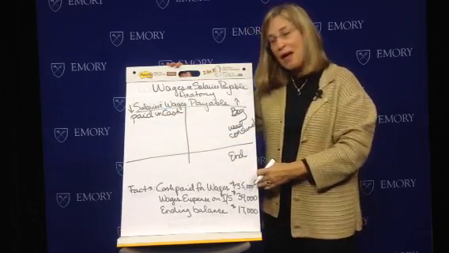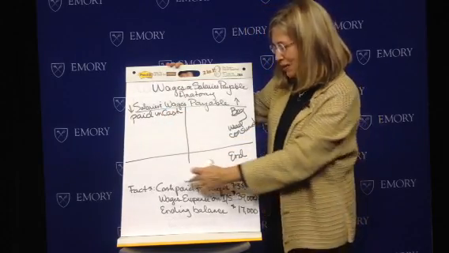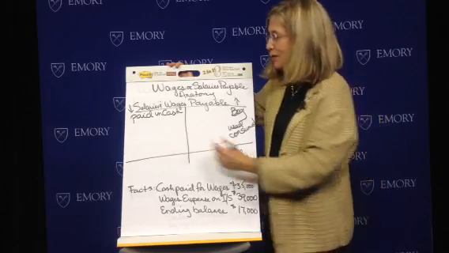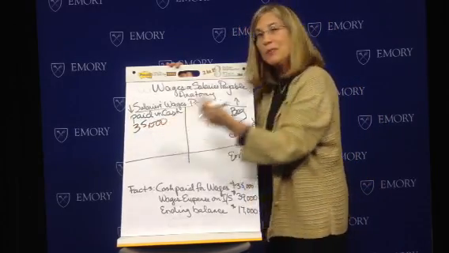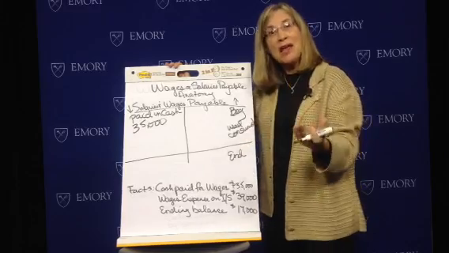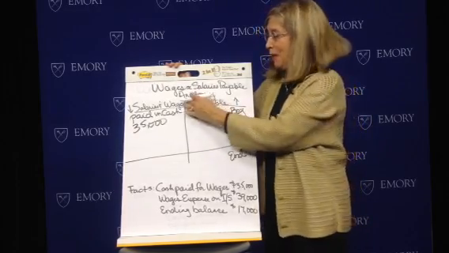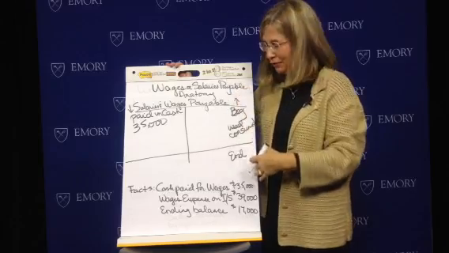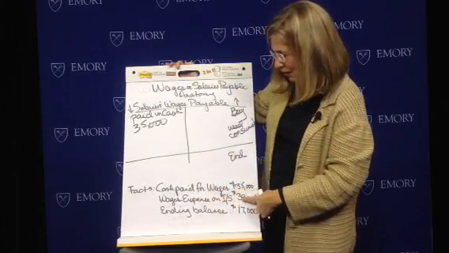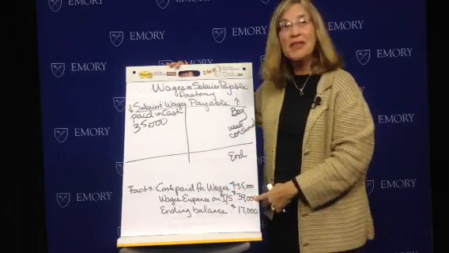So here's some facts, and let's see how it plays out. The cash paid for the wages was $35,000, which means it was payday, and we debited salaries and wages payable, this account, and credited cash, and gave the employees their checks. The second thing says wages expense on the income statement.